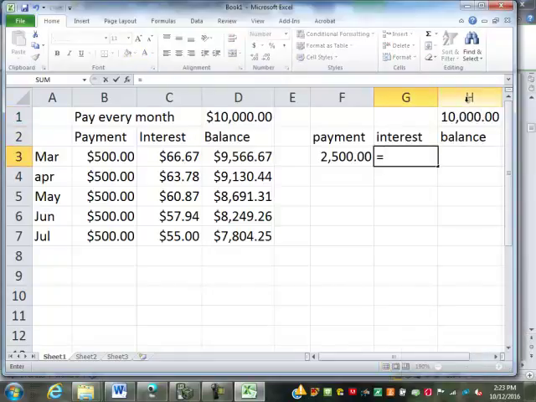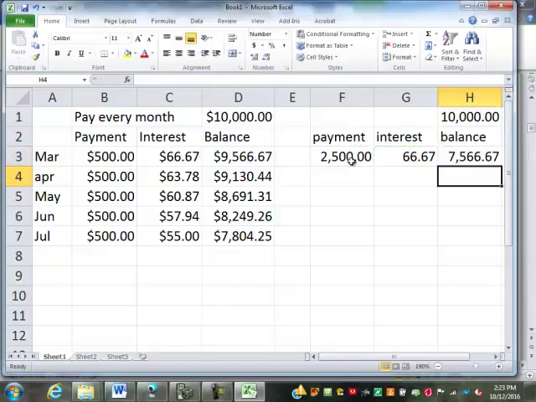Your interest. Well, we're only paying interest for the first month here at this point. So our balance will be the $10,000 plus interest again minus the payment. So our balance goes down considerably because of the $2,500 payment.